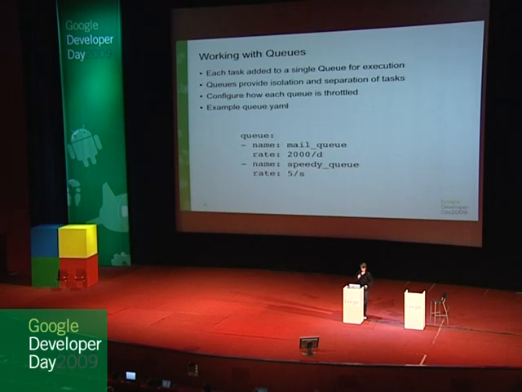OK, so more details. We also have this idea of queues. So every task goes on a queue. And each task can only go on one queue for execution. We allow one application to have multiple queues. And the role of a queue is that it provides isolation and separation of tasks so that the tasks running in one queue don't affect the tasks running in another queue.